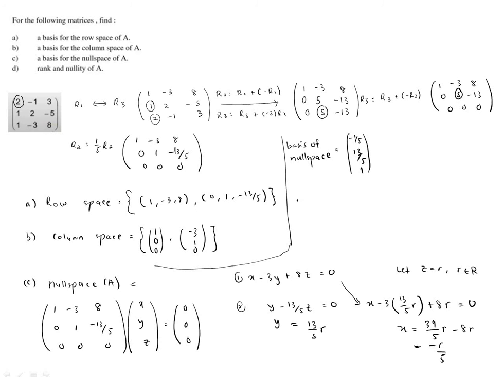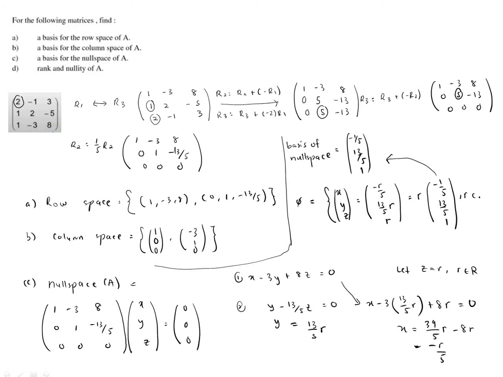Okay, ataupun kalau tulis null space tadi, kita boleh tulis x, y, z is equal to x negative r over 5, y 13 over 5R, Z is R, also equal to, when you factorize R, negative 1 over 5, 13 over 5 and 1, which is the basis.